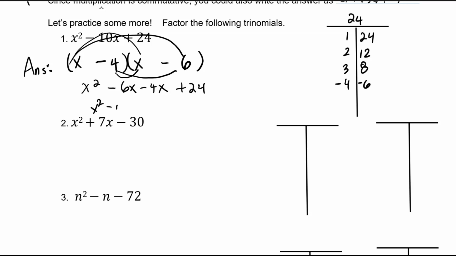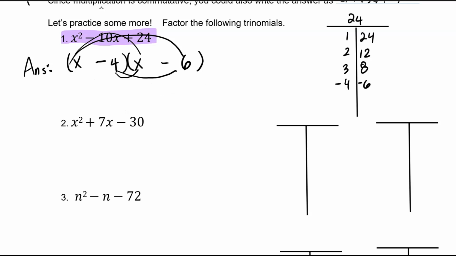So x squared minus 10x plus 24 checks out, because that's our original problem. Now, I'm not going to do that for each one of these, but I want you to always check.